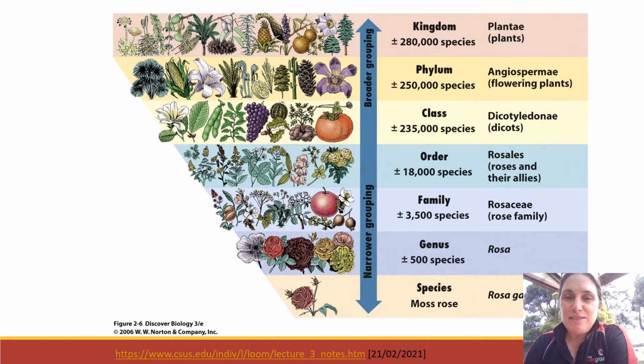You might go down to a class, which has hundreds of thousands of species, then down to the family, like the rose family, which is only a few thousand species. The genus Rosa only has 500 species, and when you get it down to the actual species, obviously there's only one of them. Having that species name really helps identify that plant exactly. So what that example showed is that just by changing the angle of your photo, you can go from a family identification down to a species.